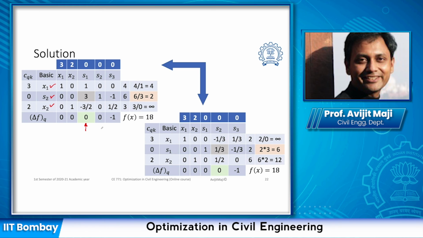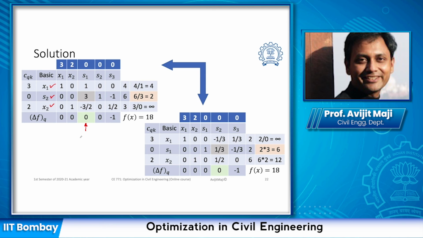This is the point where we generally stop, because the termination criterion is del fq less than or equal to 0, so we have reached there. However, a non-basic variable yielding del fq equal to 0 indicates that any increase of that variable would not influence the maximum objective function value.